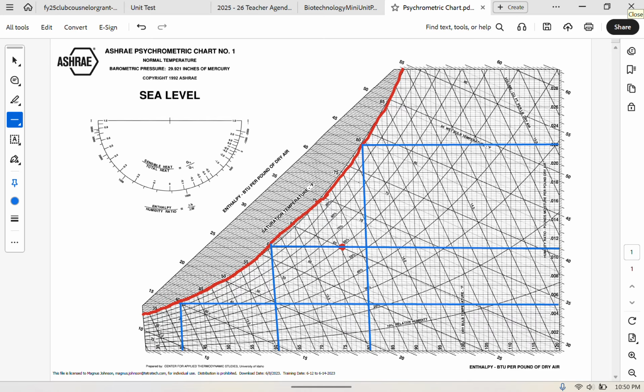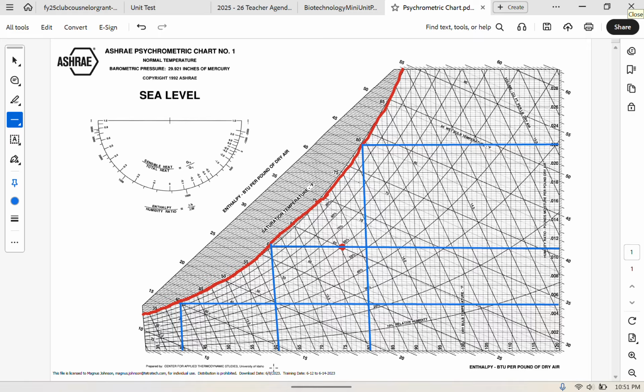And I've also plotted here the intersection points of the saturation humidity with temperatures of 60 Fahrenheit and 80 Fahrenheit. You can see going from 40 to 60 Fahrenheit, we increase the absolute humidity at saturation from about 0.005 to 0.011. So it goes up by about 0.055.